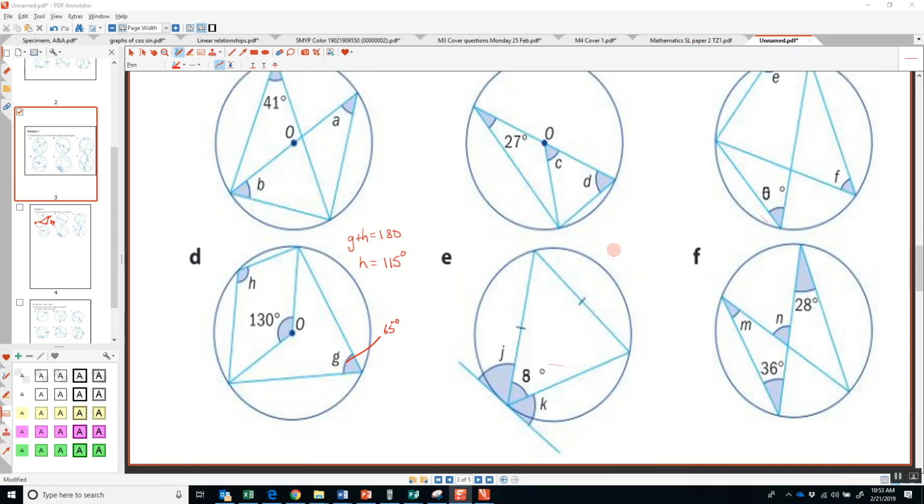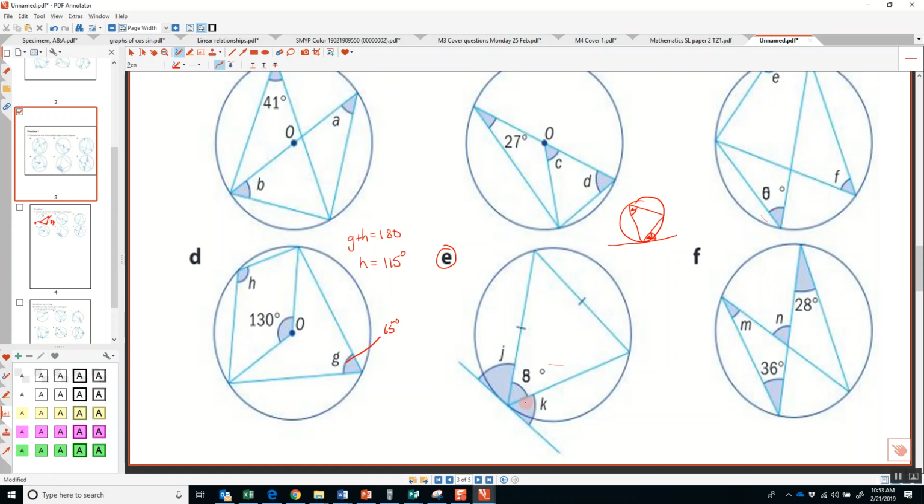All right, so looking at E, if you haven't done it, that's fine. But for E, this is this one, okay? You've got the horizon, you've got the sun, and you have got your sail, okay? Alternate segment theorem. So this one is the same as this one.